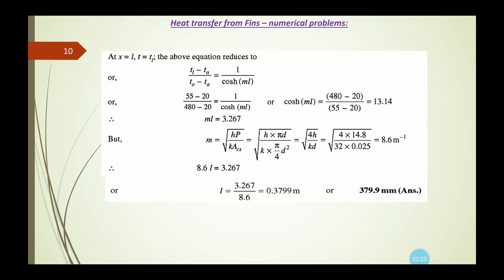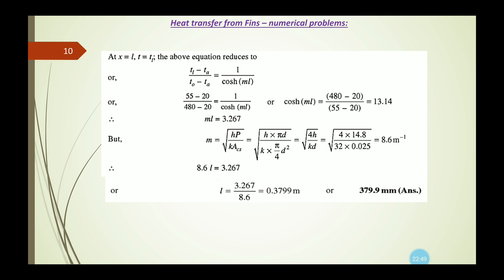When the tip of the fin is insulated, at x equals L, T equals TL. So TL minus TA divided by T naught minus TA equals 1 by cosh mL. After putting in all the other values, we can easily get the value of mL, that is 3.267.